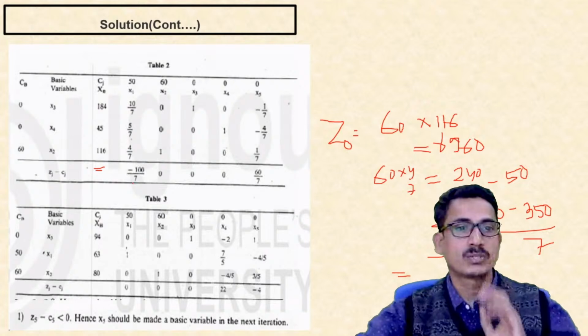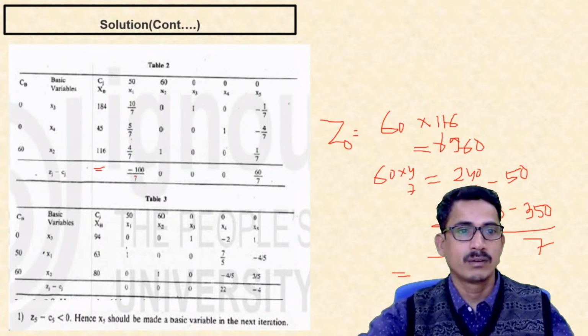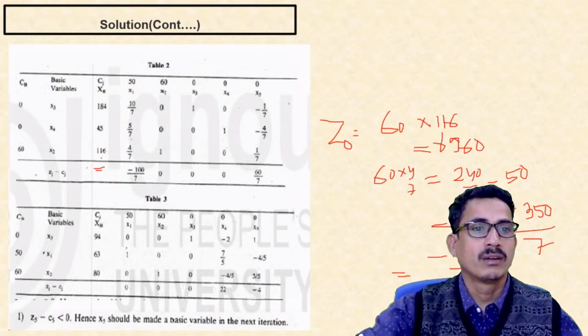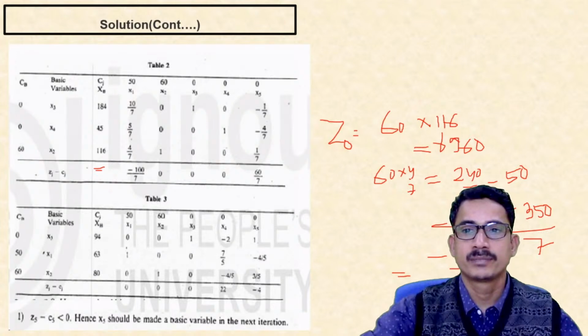What is it, minus 110. Let me check again. 240 by 7 minus 50, that is minus 110 by 7.